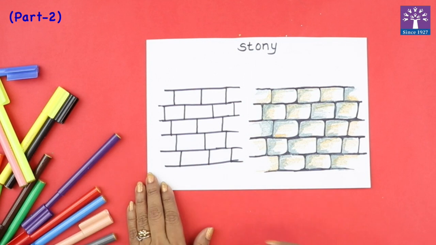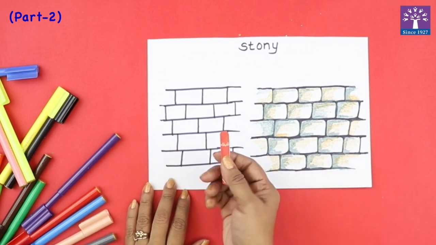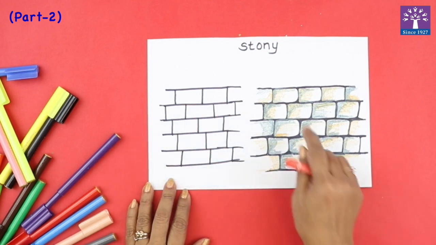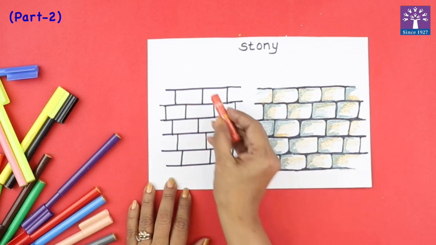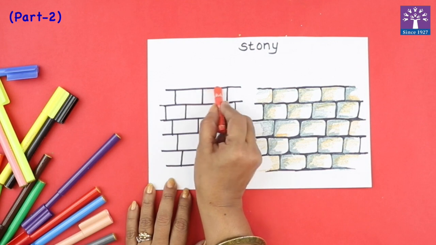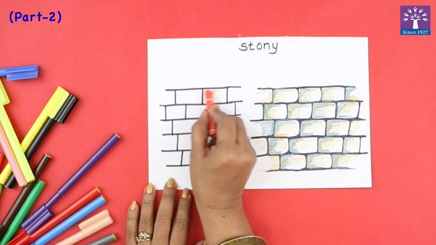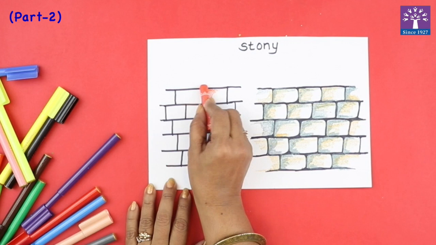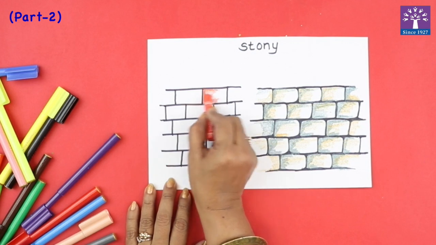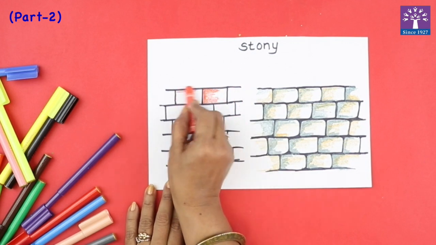You can color this wall with red color to give the brick effect, or with a grey color to give a stony effect. Both ways, this is a stone. So just color it on one side and leave it.